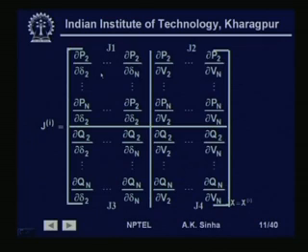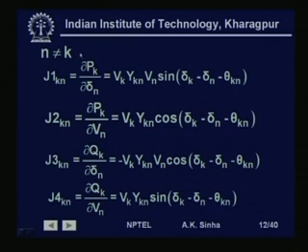So, we can see how we calculate the off-diagonal terms. J1 kn is equal to del Pk by del delta n. Now, we know the equation for Pk. So, differentiating it with respect to delta n, we can write this as Vk Ykn Vn sin of delta k minus delta n minus theta kn.